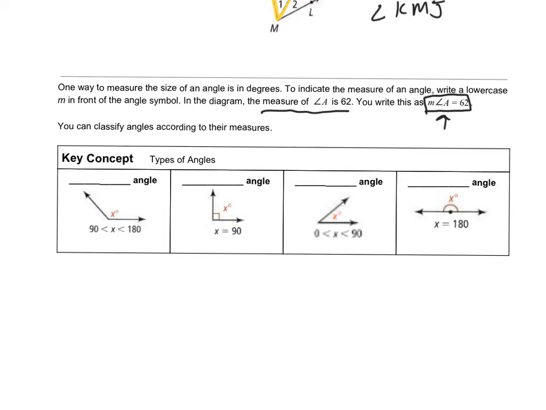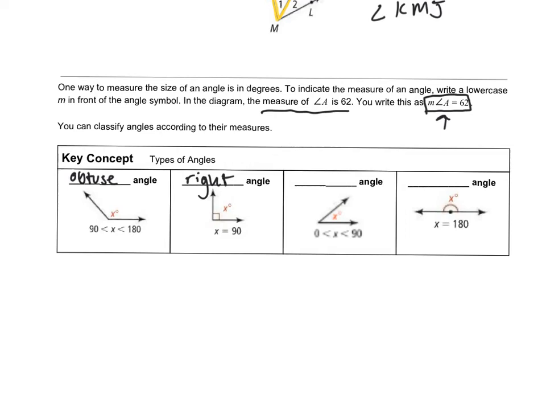Now let's start talking about the different types of angles, okay? Now, x here will be our degree. So if x is greater than 90 but less than 180, we will have an obtuse angle. When we have an angle that is equal to 90 degrees, we will have a right angle.